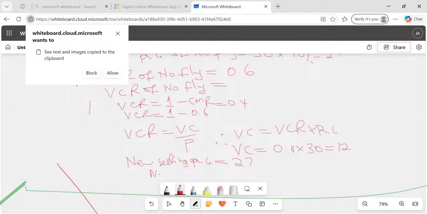How about the new CM? We know the formula: it is our price minus our variable cost of 12. So 27 minus 12, this is what they did to get 15 bob.